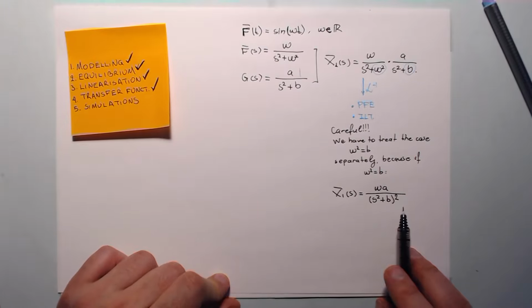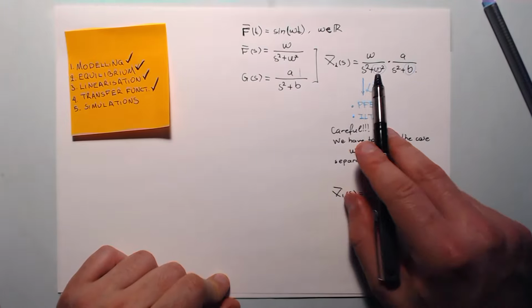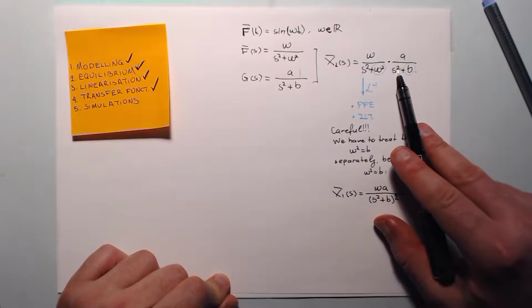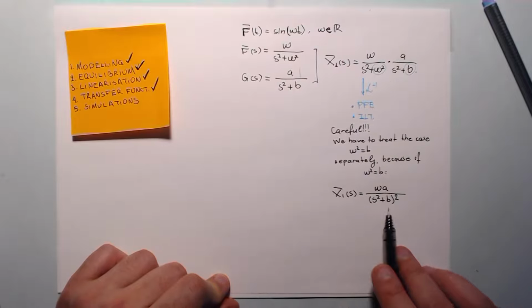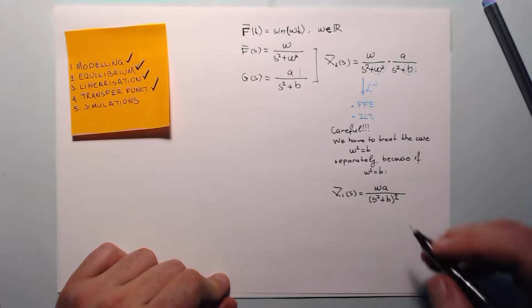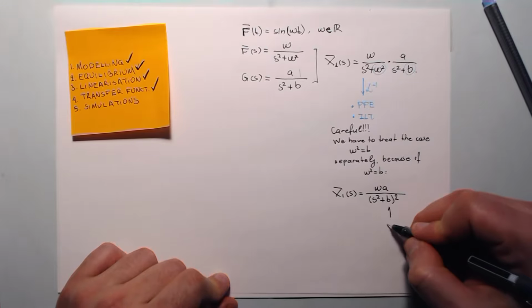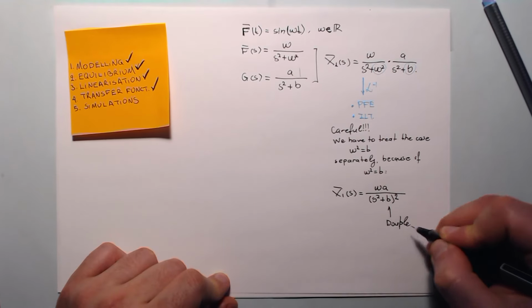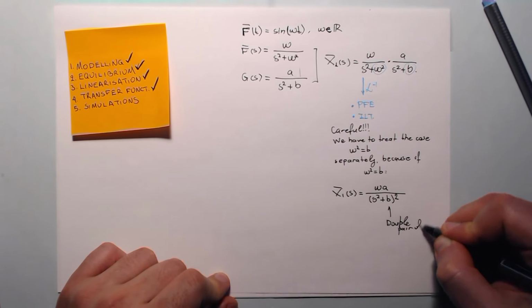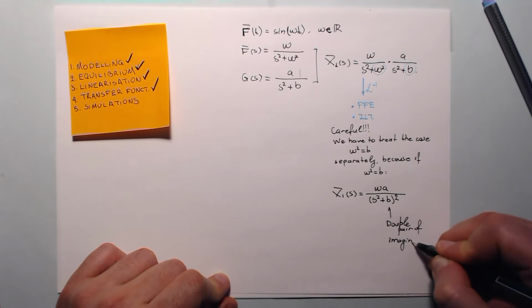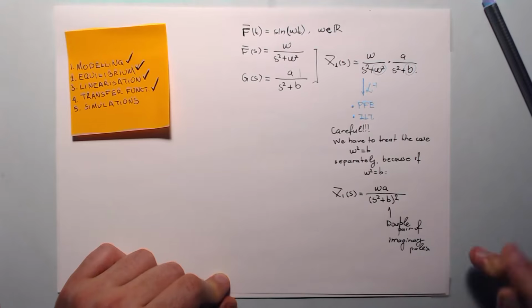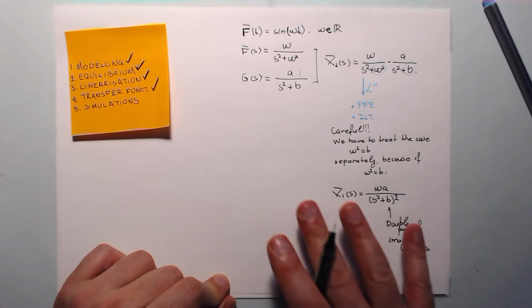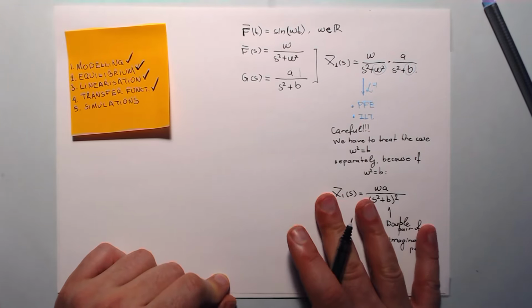We will have something like that. We will have s squared plus b, s squared plus b once again, so s squared plus b squared. And this will now be a double pair of imaginary poles. Nevertheless, if you like, you can try that as an exercise.